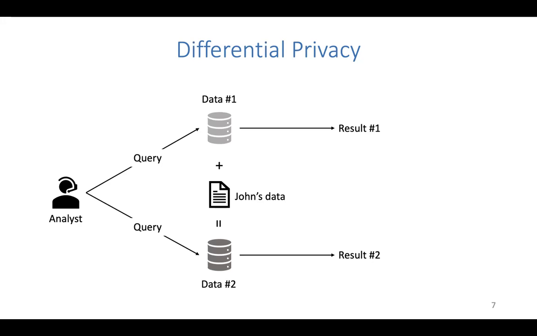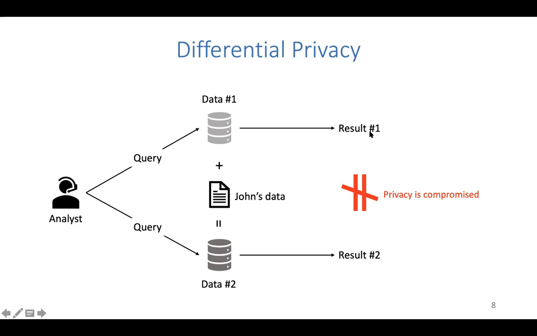So if the two responses, result number 1 and result number 2, are not the same, then that means John's data being added to data set number 1 made a significant difference, so that result number 2 is different from result number 1. That means that the privacy is compromised, because we know that John's data, just one single person's record, made a difference, right? So this much is clear.